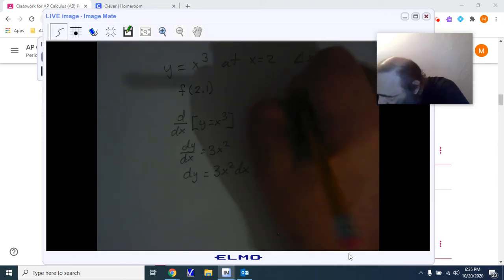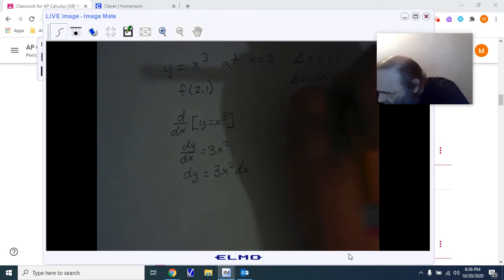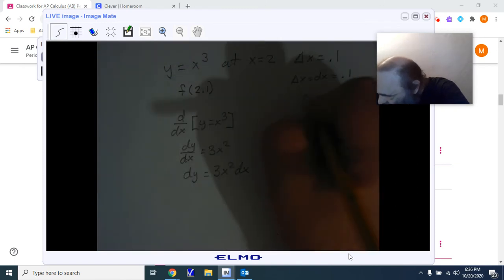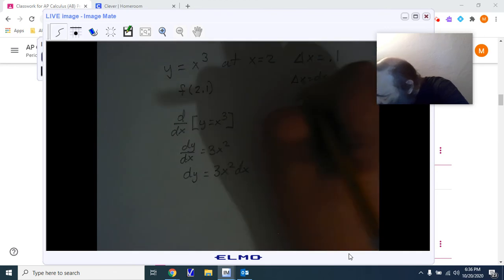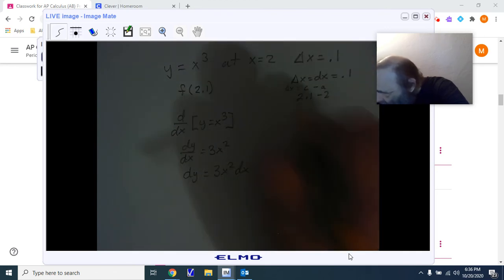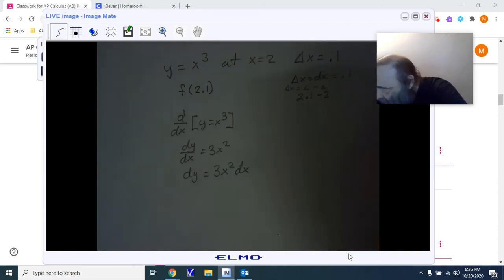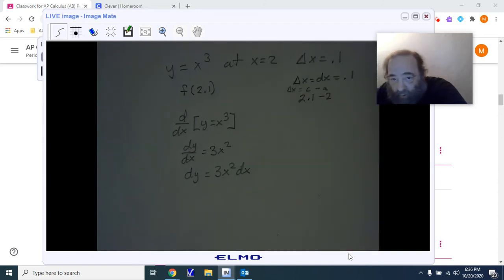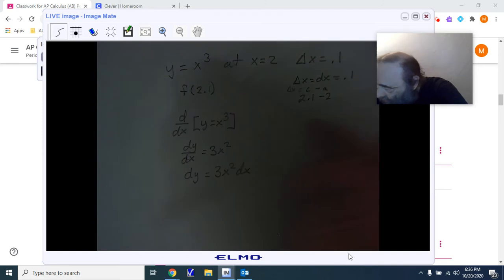Since delta x equals dx, which equals 0.1, and is the difference between our 2.1 minus 2. Notice c minus a? That's what our delta x is. And since delta x is equal to our dx, we know they're equal.